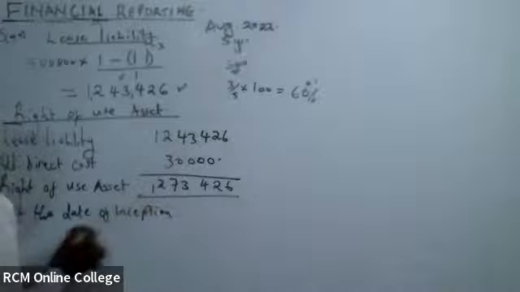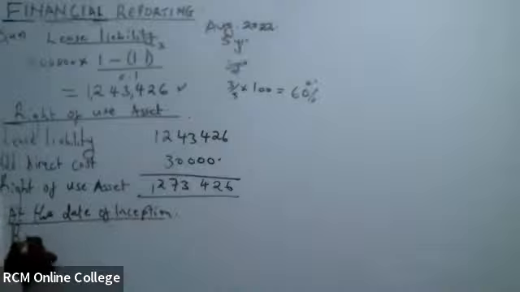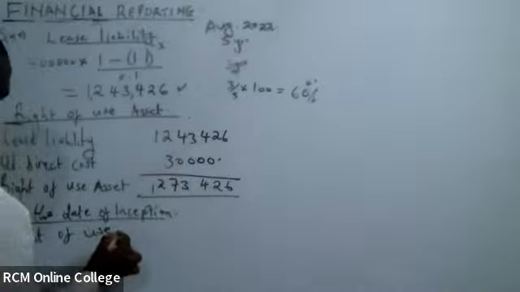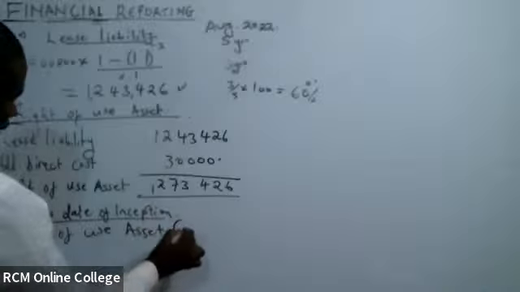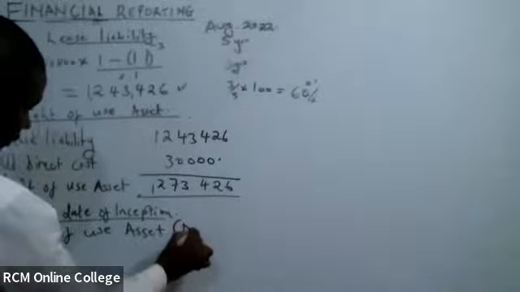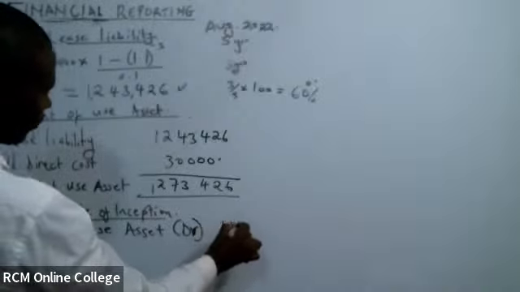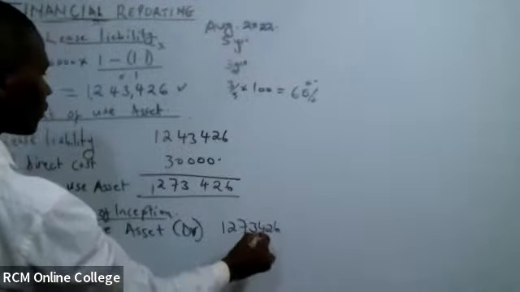At the date of inception, we know that the right of use asset is on our debit side, so we debit the 1273,426.